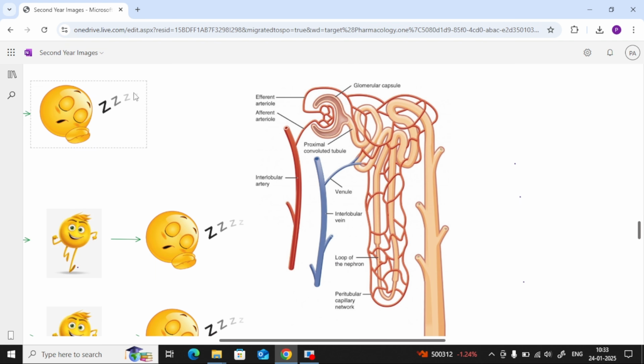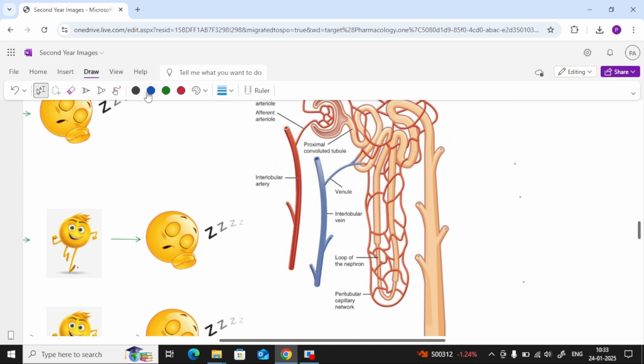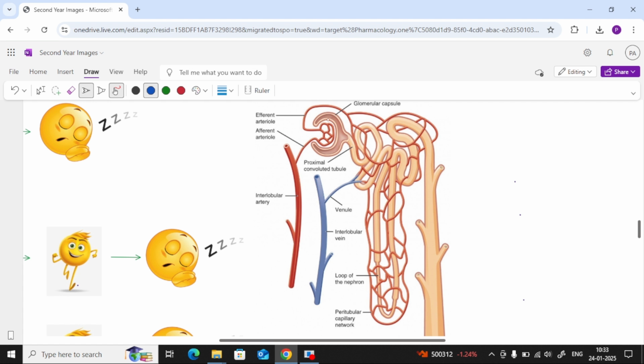Let's understand something really basic here. With inactivation, we want our drug to be excreted out, right? So the purpose of metabolism or biotransformation is to make the drug go out of the body. For that, the drug should remain in the renal tubule, right? That means it should not be absorbed into the blood.